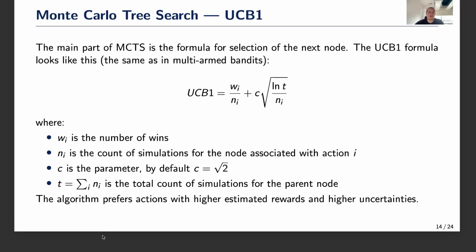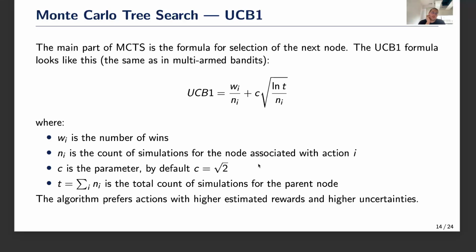It takes the number of wins of our simulations through node i, divided by how many times our node has been visited, plus a coefficient, the exploration constant, by default square root of 2, times the square root of the natural logarithm of t, which is the total count of simulations that the parent node made, divided by n_i, the count of simulations for the node associated with our action.